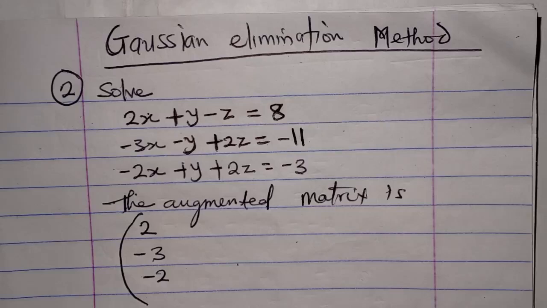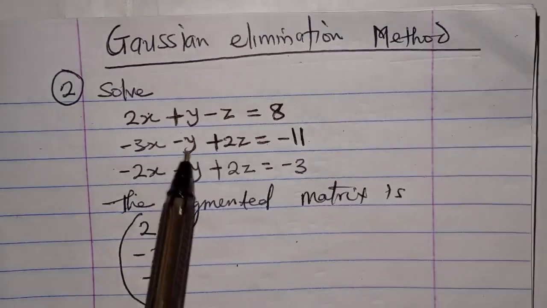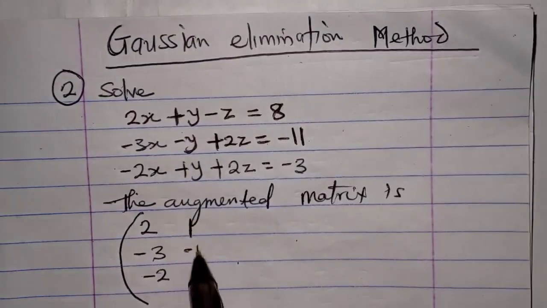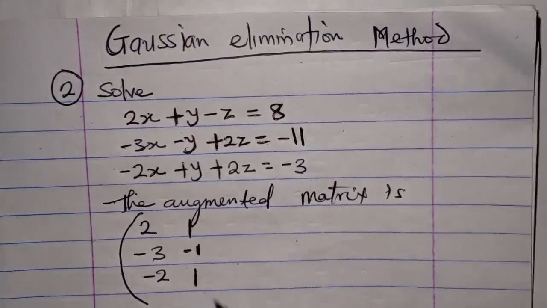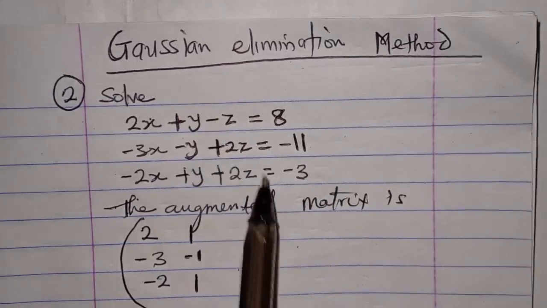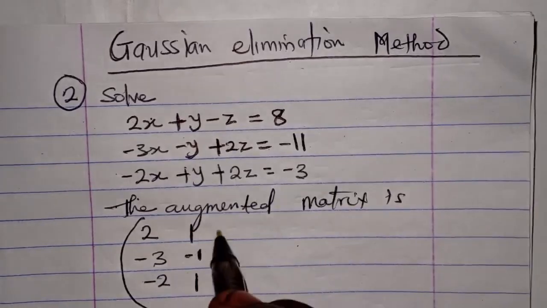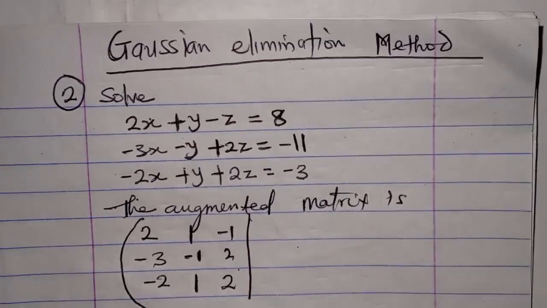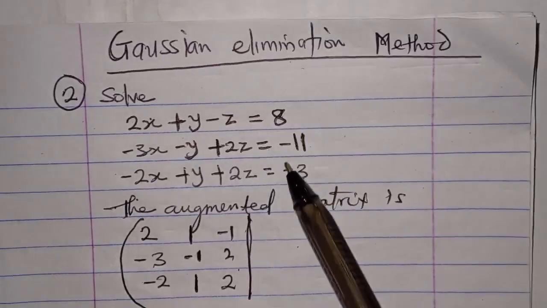The coefficient of y, plus 1, minus 1, plus 1. That's 1, minus 1, 1. And the coefficient of z, minus 1, 2, 2. Minus 1, 2, 2. 8, minus 11, minus 3.